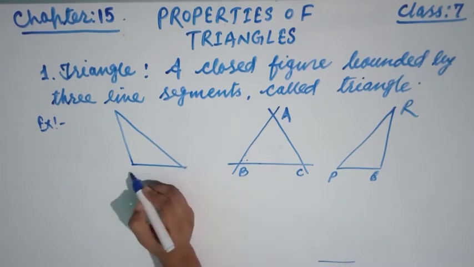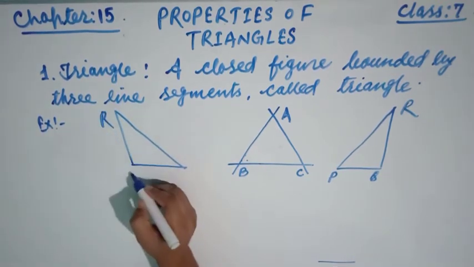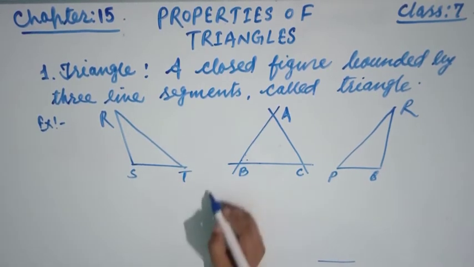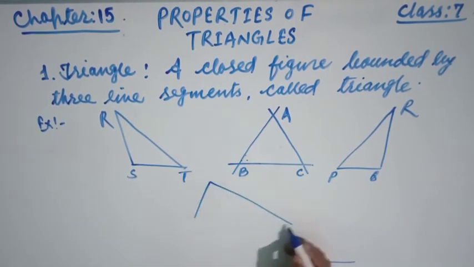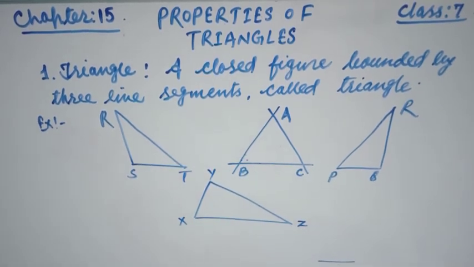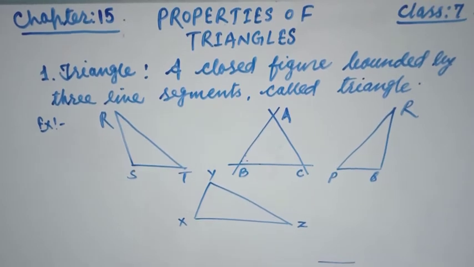This is also a triangle, and this is also a triangle. So we can see there are various types of triangle. We will learn about the various types of triangle afterwards. Once again friends, a closed figure bounded by three line segments is called a triangle.